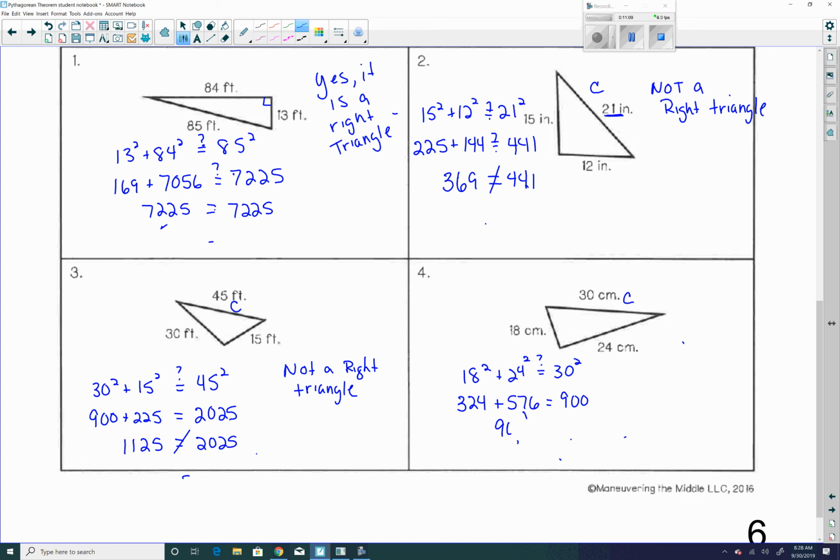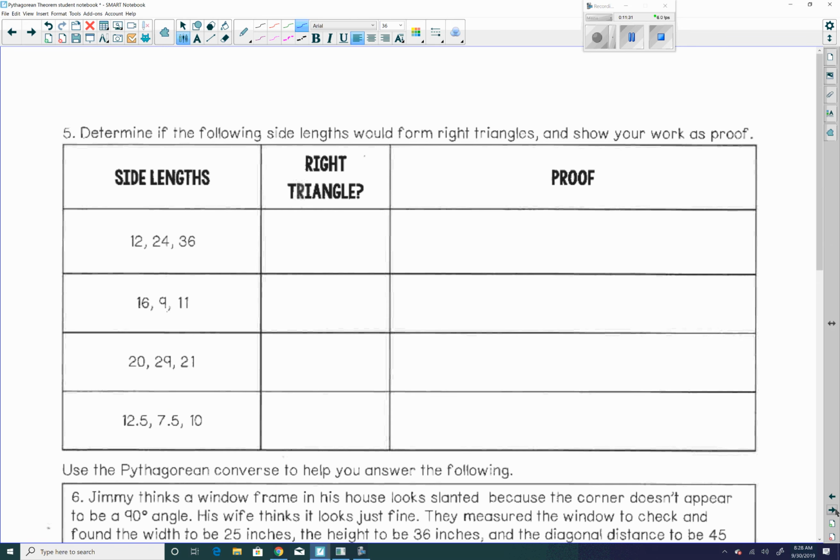It equals 900, and 900 equals 900. So yes, this is a right triangle. So I can put that little square in the corner. Okay, let's move on to the next page.